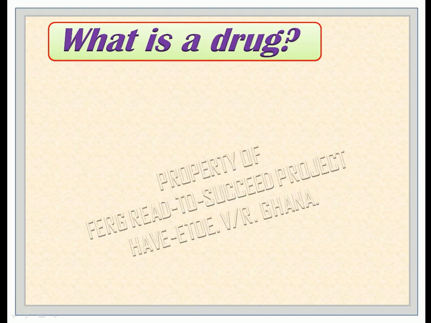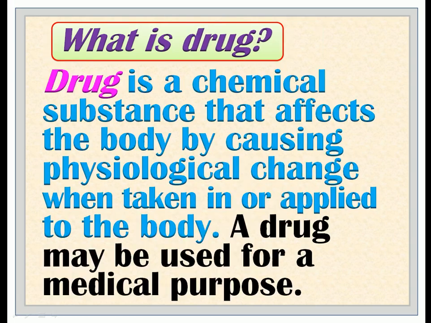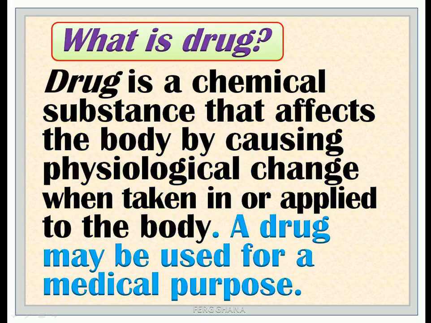What is a drug? A drug is a chemical substance that affects the body by causing physiological change when taken in or applied to the body. A drug may be used for a medical purpose.